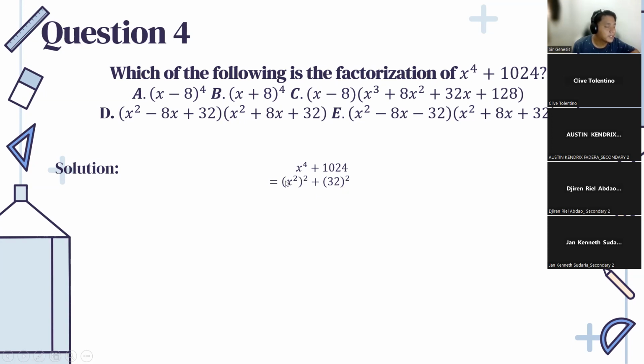Now, since we have two perfect squares here, a way to try to create a possible factor for this one is by actually completing this perfect square trinomial.